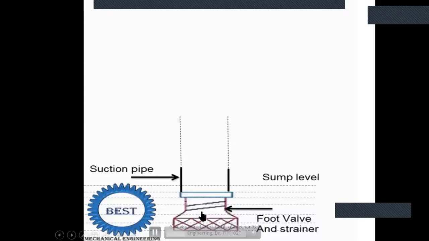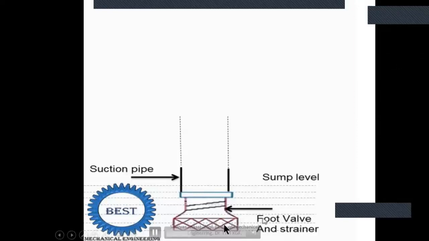So what do the foot valve and strainer do? First we'll go with the strainer. The strainer is a mesh type of material that avoids the entry of impurities, dirt or any other waste material, like pieces of cloth. Its main function is that it will not allow any kind of dirt or unwanted material into the pump.